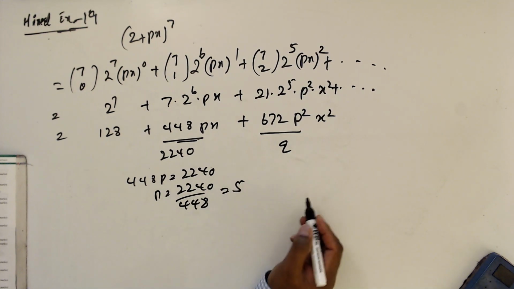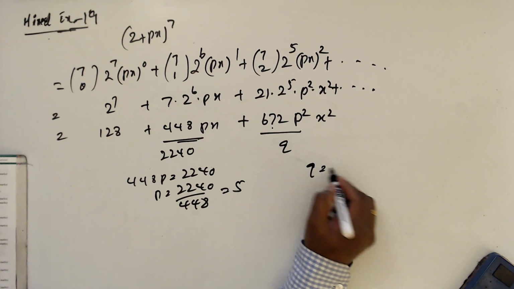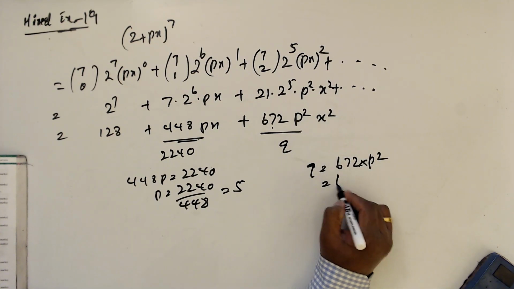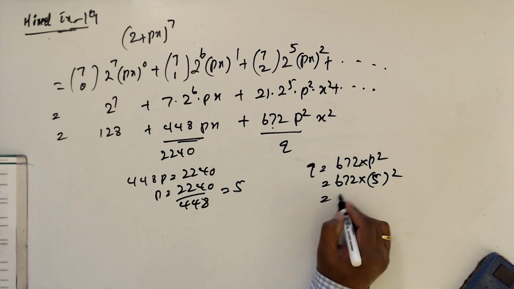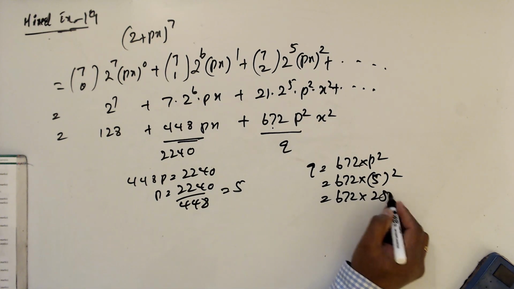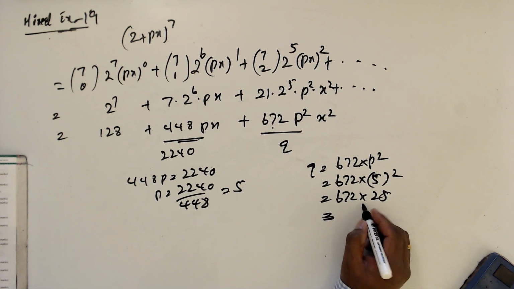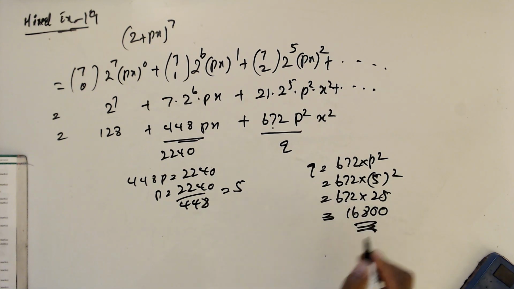So this is 5. Now q equals 672 p square. It means 672 times p, which is 5, square. 672 times 25. So this is going to be 16,800.